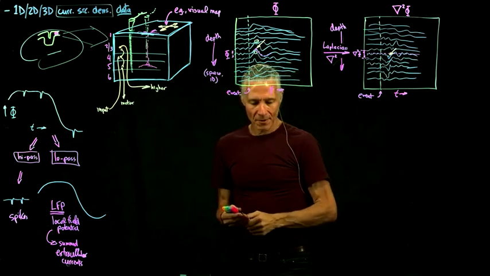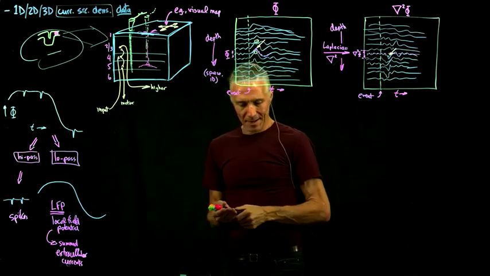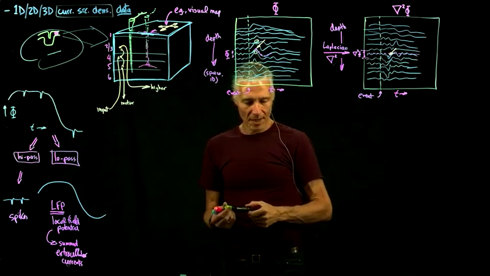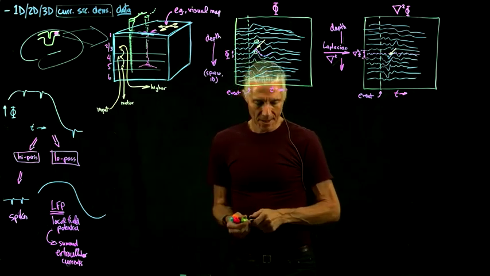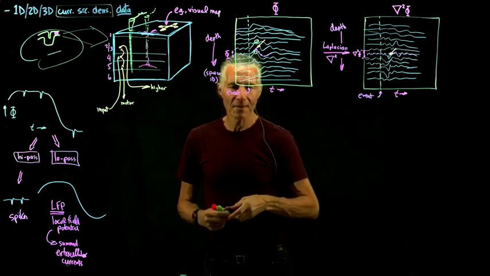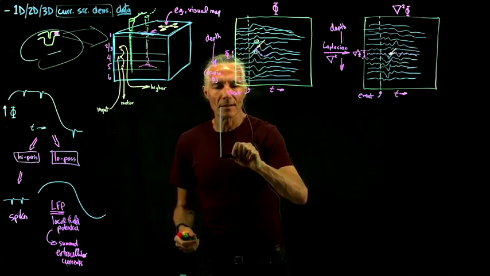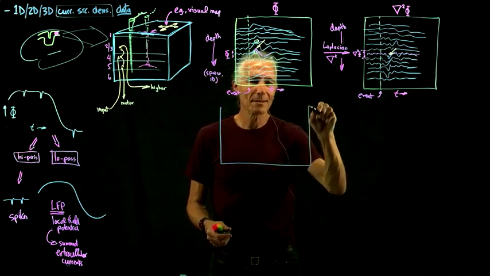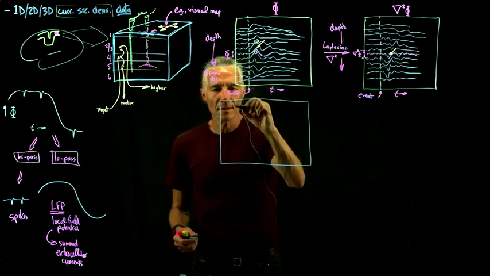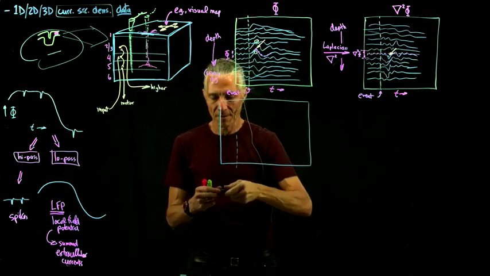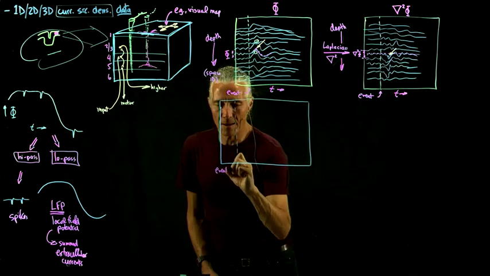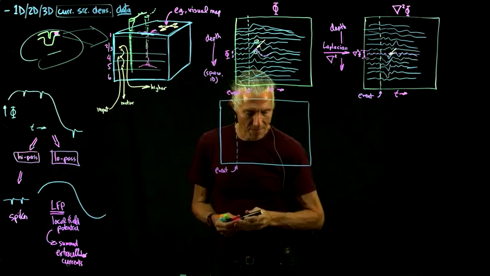I'll draw out a chunk of the cortex here, a little bigger than last time so you can see it better. And here's where our event is occurring.